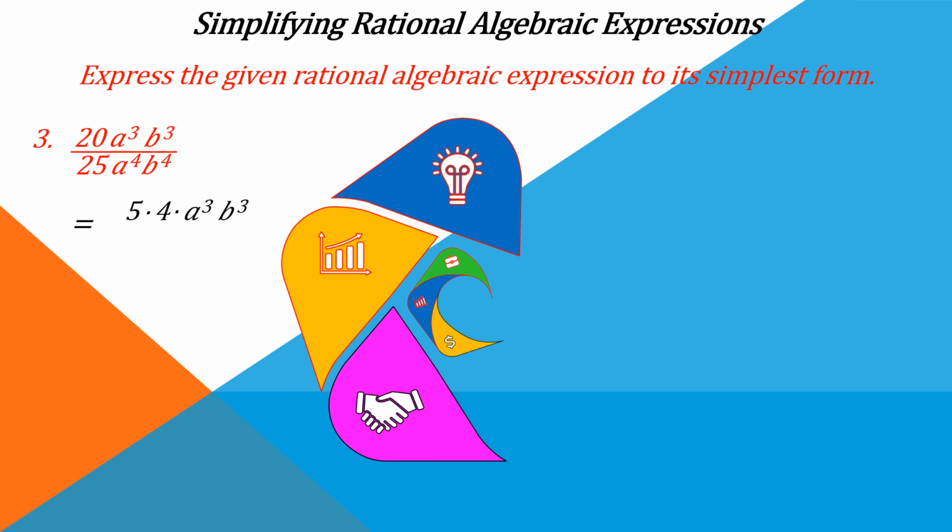I did not factor a cubed and b cubed because the denominator has a greater power than the numerator. So we will factor the denominator, which is 5 multiplied by 5 multiplied by a cubed b cubed multiplied by a multiplied by b.